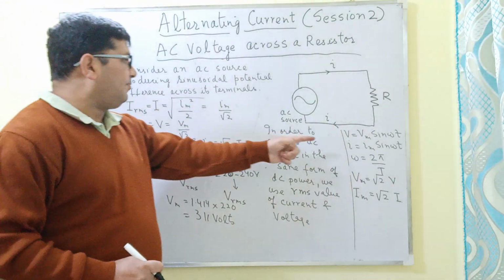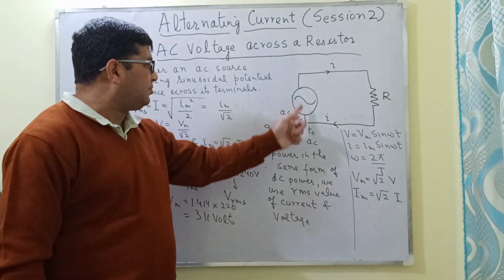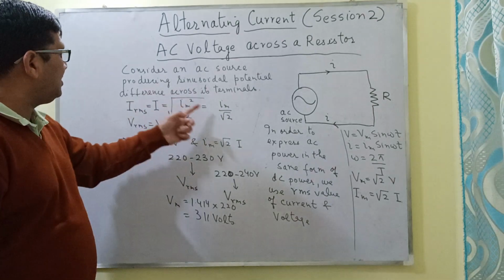this pure resistor circuit, which is connected to an AC source, which is producing the sinusoidal potential difference.